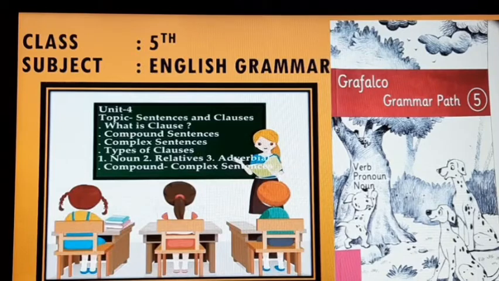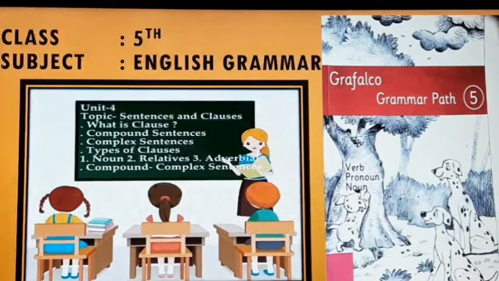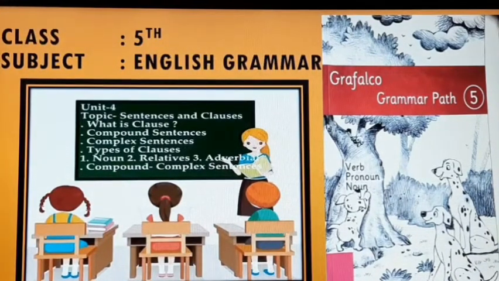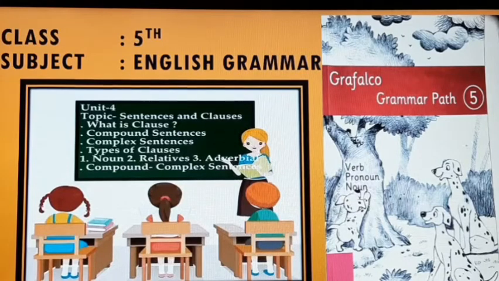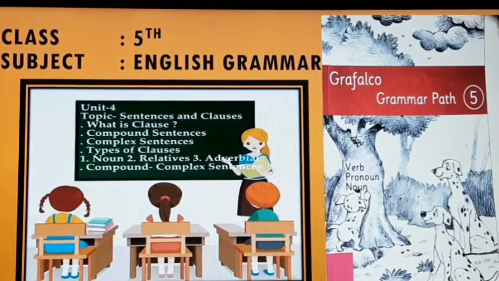So let's begin. Before going to the chapter, I hope you all are fine at your place. My dear students, in the previous video, we learned Unit 3, sentences and their kinds. We saw there are four types of sentences: declarative, imperative, interrogative and exclamatory sentences.